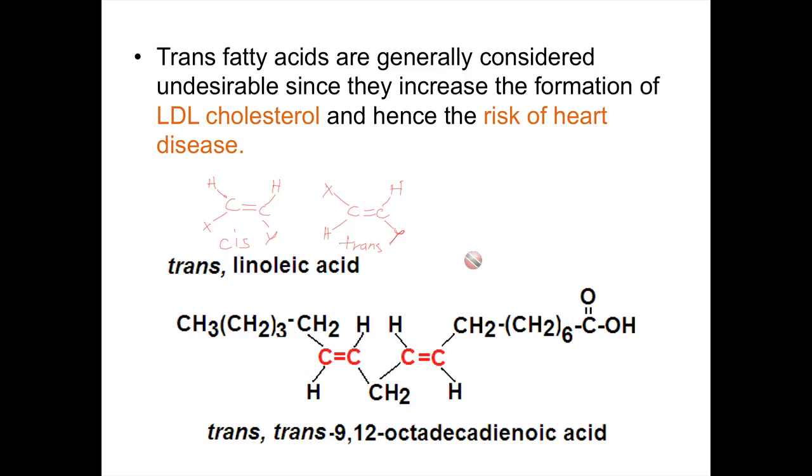The thing is that trans double bonds do not form any kinks. So the fatty acids are able to form layers upon each other. They're able to pack tightly. And what that does is that it forms plaques in the arteries and so on, and it leads to heart disease. So it's very bad news for us.